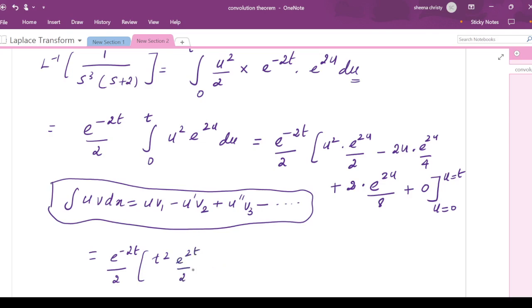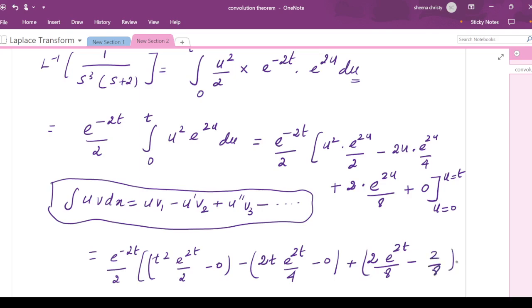When you are putting the lower limit, it will be minus 0. Then minus 2u, that is u equal to t, into e power 2t by 4, and by putting the lower limit u equal to 0, you are going to get 0 plus 2 into e power 2t by 8 minus, when you are putting u equal to 0, you will get 2 by 8.